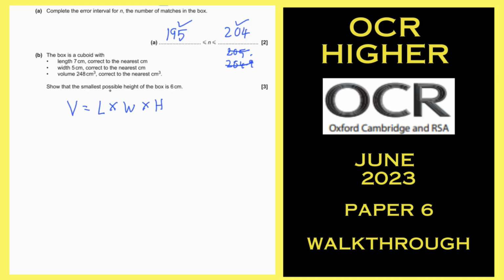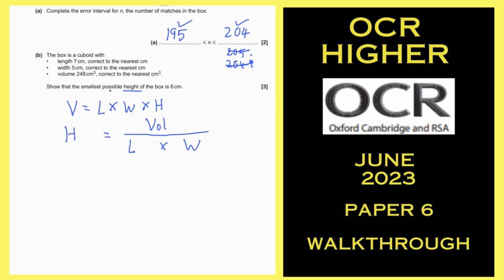We are wanting to rearrange it because we're interested in the height. We want to write this as height. Height will equal volume divided by length times width.